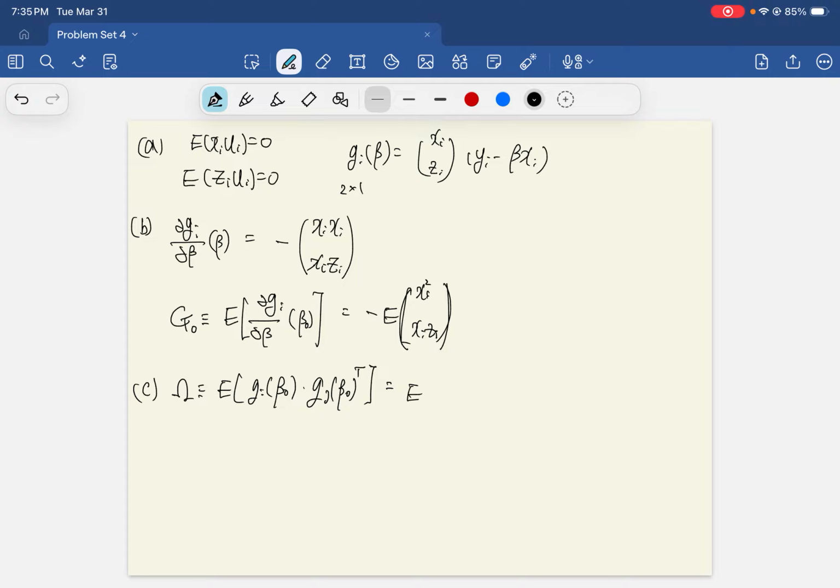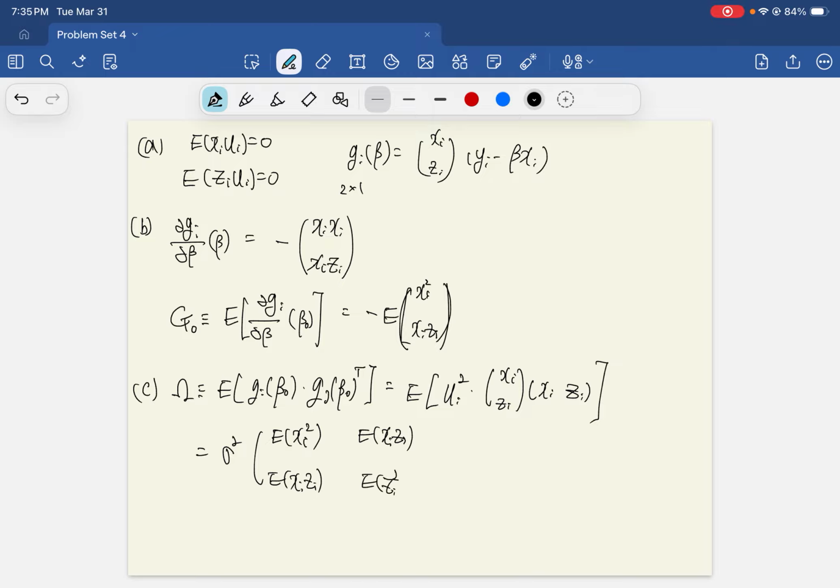Then it is u squared times (x_i, z_i) and (x_i, z_i), where the second one is transposed. So using the homoscedasticity assumption, we have sigma squared times the matrix with expectation of x_i squared, expectation of x_i z_i, expectation of x_i z_i, and expectation of z_i squared. This is the 2 by 2 variance matrix for the moment, right?